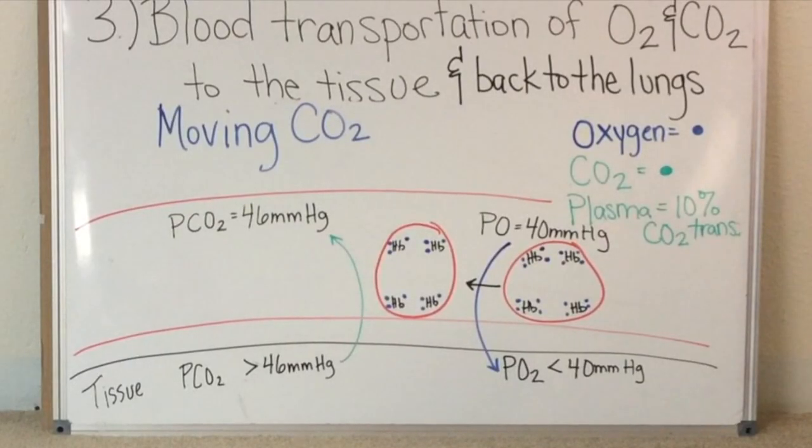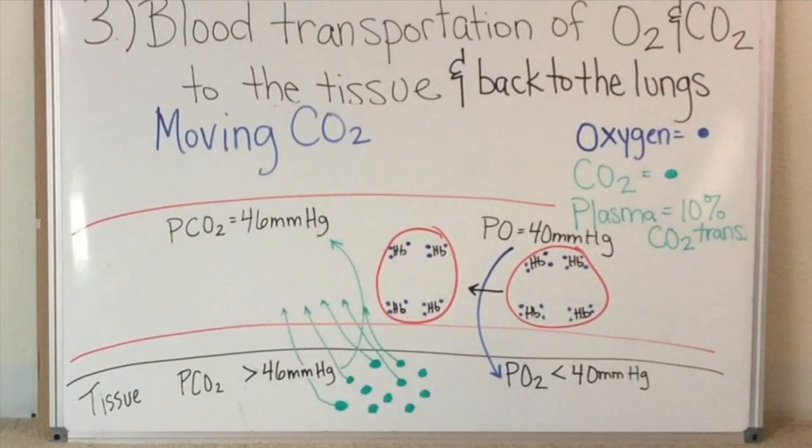The second red blood cell represents the red blood cell after it has dissociated from 25% of the oxygen it was carrying. The plasma can only hold on to approximately 10% of the carbon dioxide moved into the plasma.